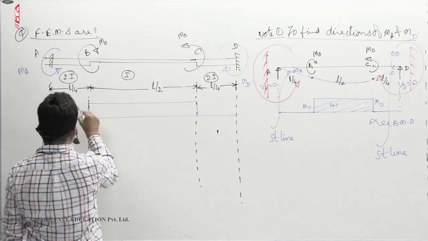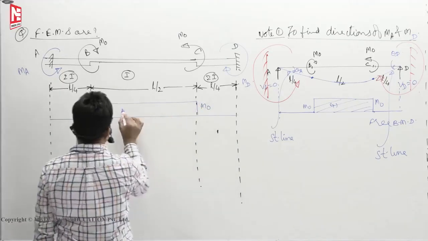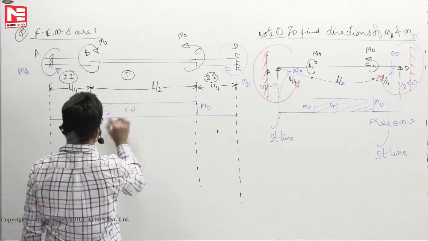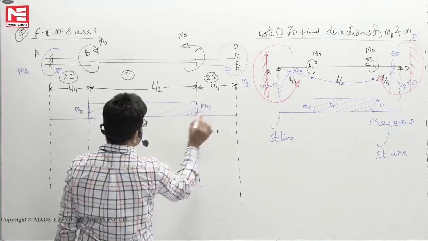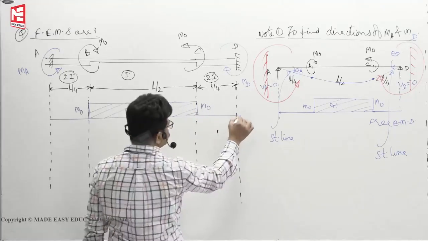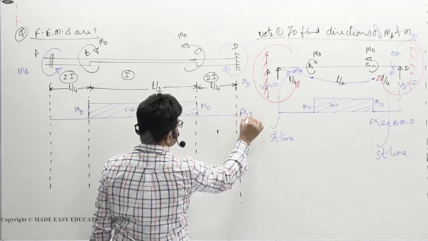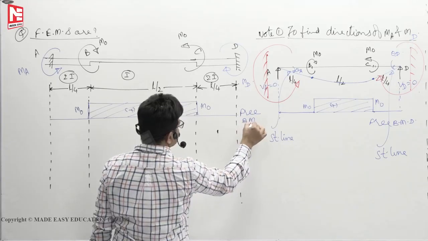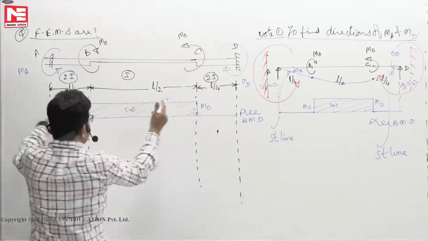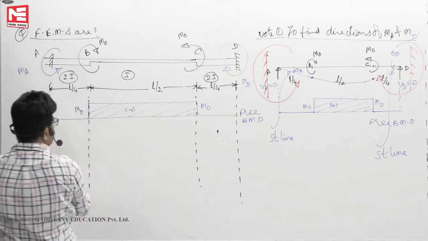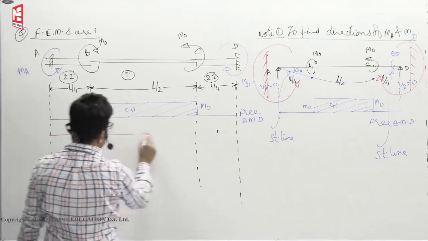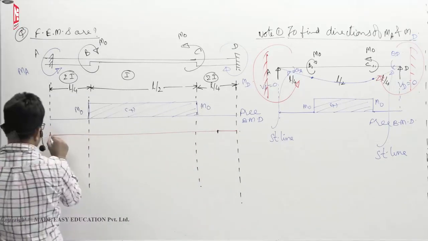This ordinate is M0, M0, positive. This is called the free bending moment diagram. Then the end moment diagram, that is completely negative. From here to here we have to draw.